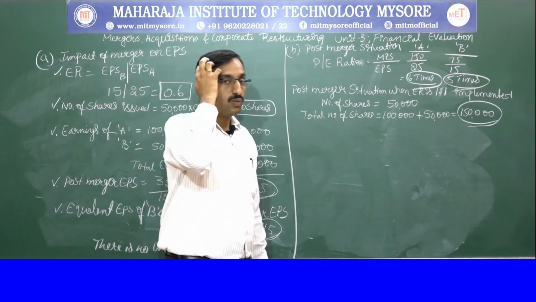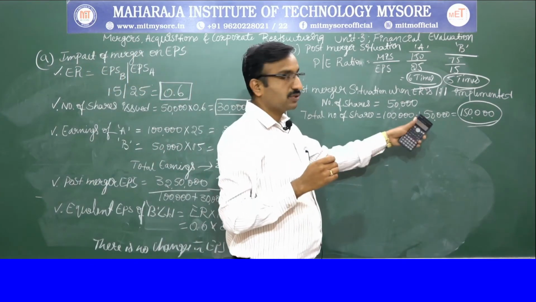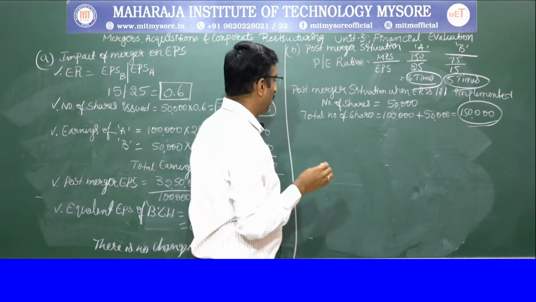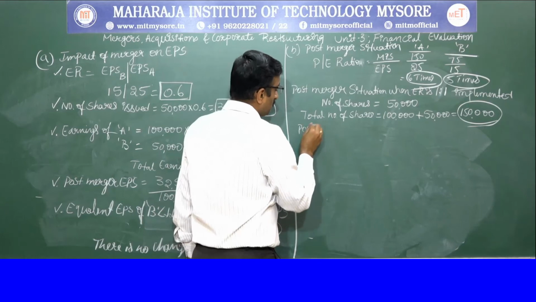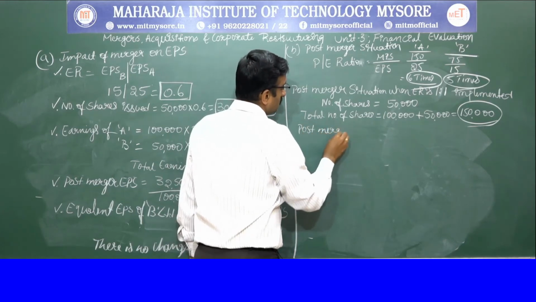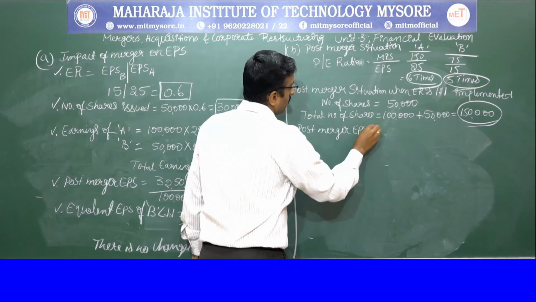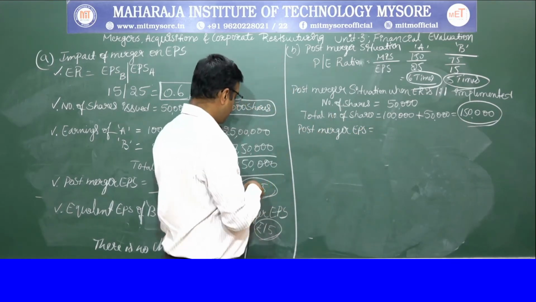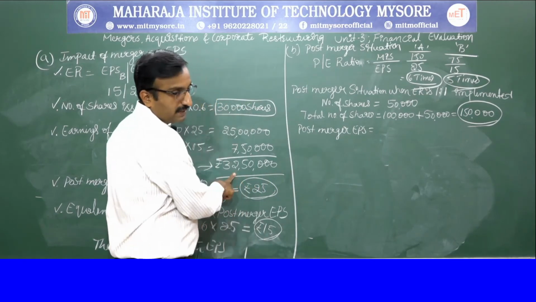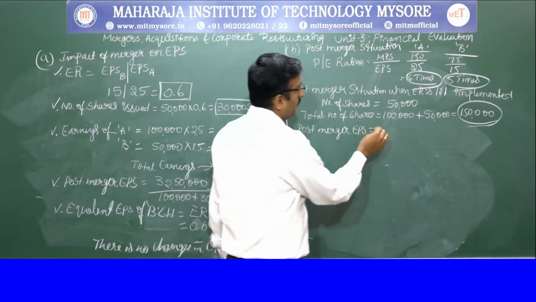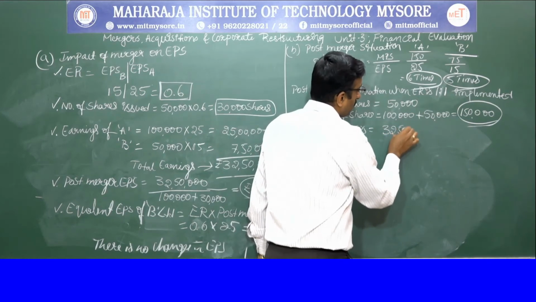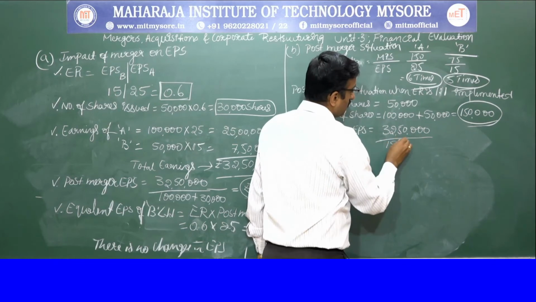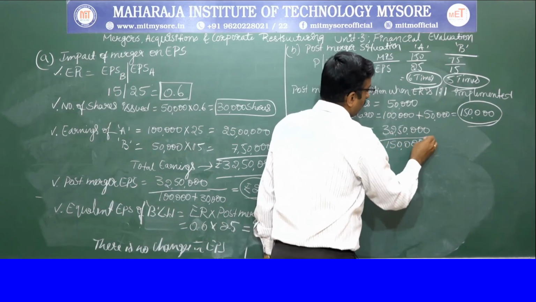Then what is the post-merger EPS? When the number of shares changes, we have to find the post-merger EPS again. EPS is equal to the same formula, total earnings divided by number of shares. Total earnings is the same as before, 32,50,000, divided by the number of shares, changed from 1,30,000 to 1,50,000.